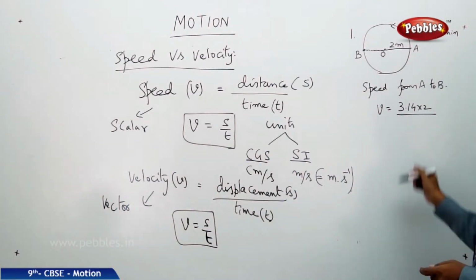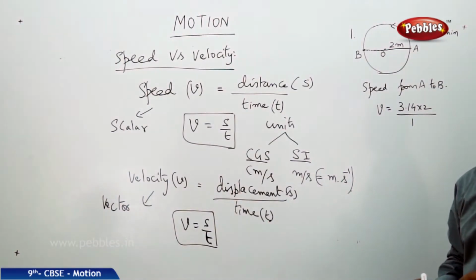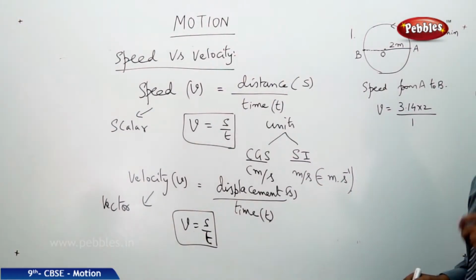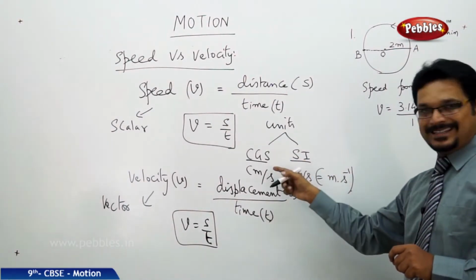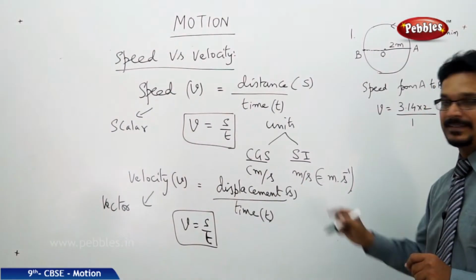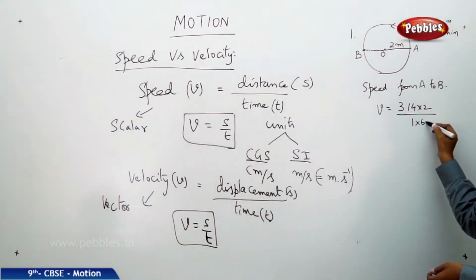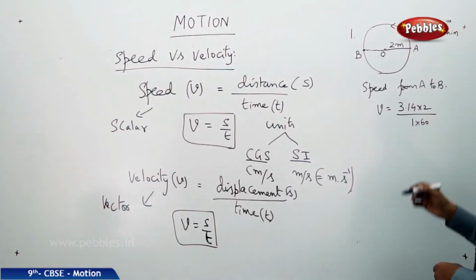The time taken is 1 minute. If you write 1 minute, wait, you are making a mistake. Always we need to give the answers in terms of CGS or SI, and when you are taking time, it should be converted into seconds. The time is in minutes, so convert it to seconds. 1 minute equals how many seconds? 60 seconds.